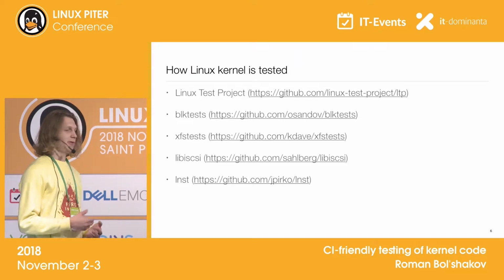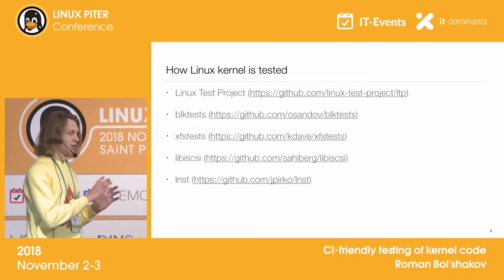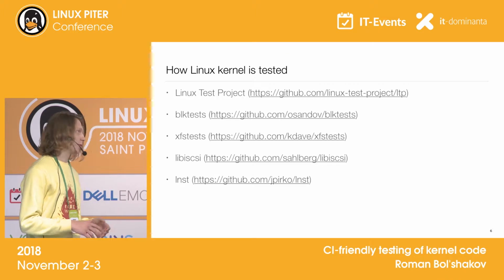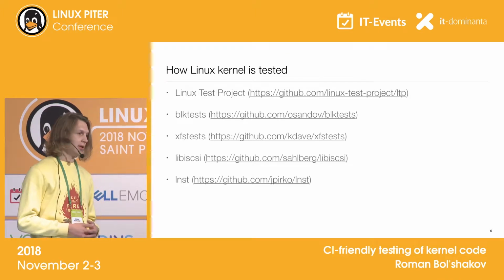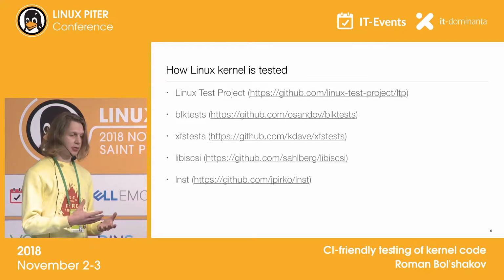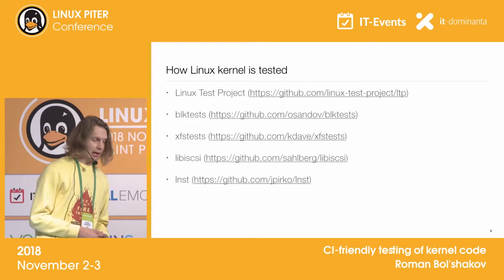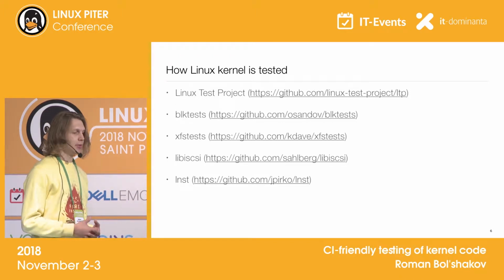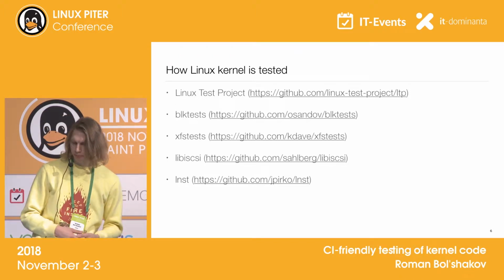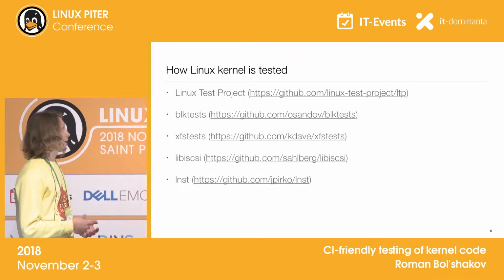Blktests are block subsystem tests. SF could be in the brackets. It tests file systems. Or we could look for target tests, where Linux is present as the initiator, and LNST, the tests for the network subsystem.